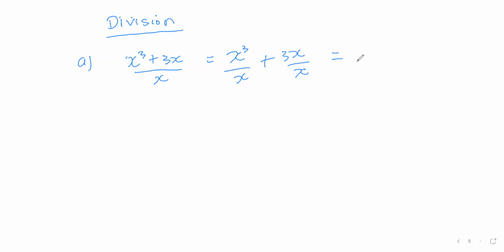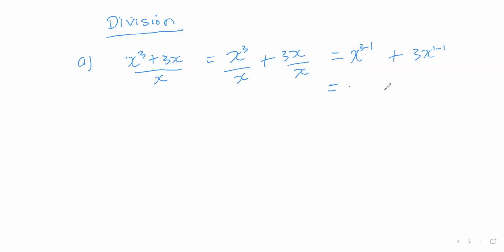So if I do that, then this first term becomes x to the 3 minus 1 plus the second term becomes 3x to the 1 minus 1, okay?